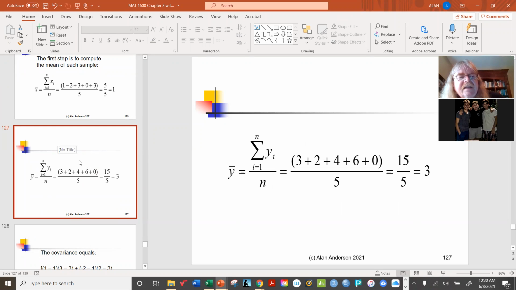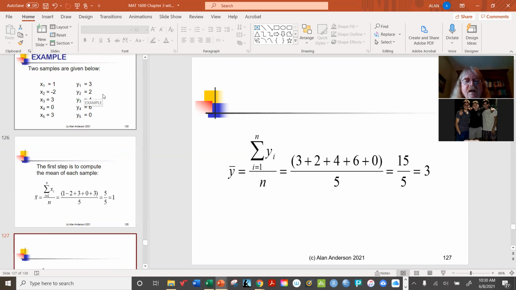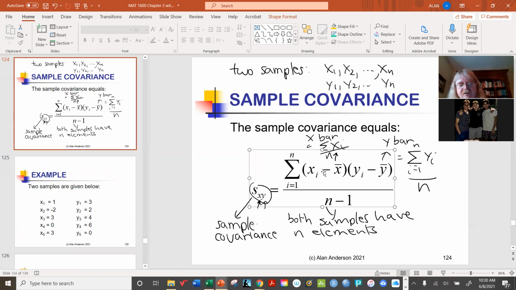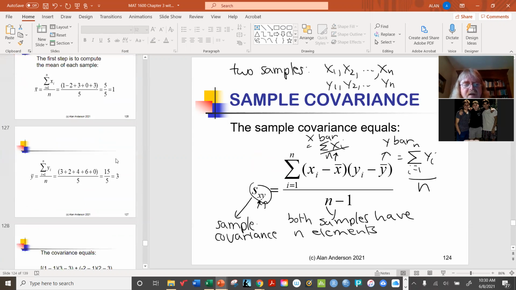Now, of course, we need that information because that's a major part of the formula. The two means now here, they're both integers, which makes things a little easier. Okay, now let me just go back and copy for you this formula so you can keep an eye on what's going on here.